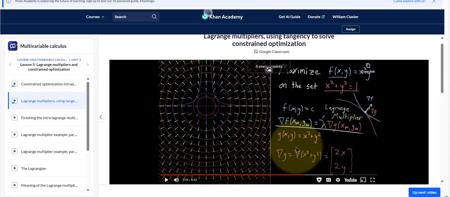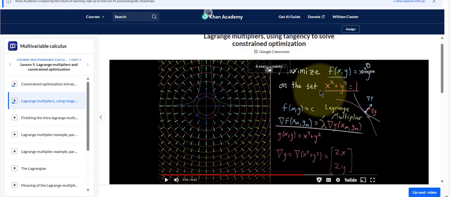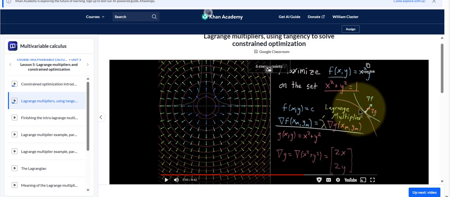So he writes it out, the gradient of g. What does that mean? That means the partial of this g, remember g was this. Actually, we didn't say that. Well, I think we said it somewhere, or it was kind of understood that it was the circle.